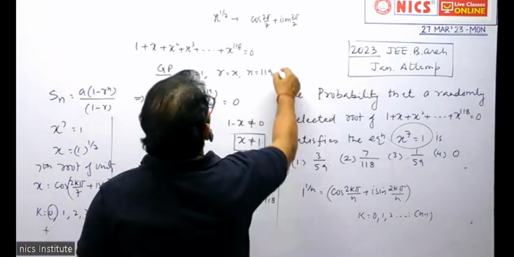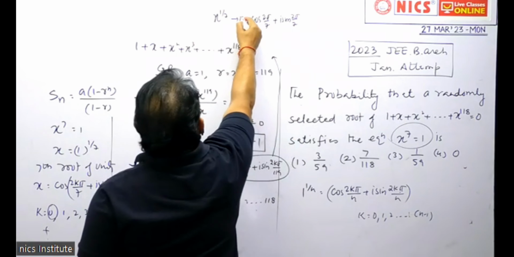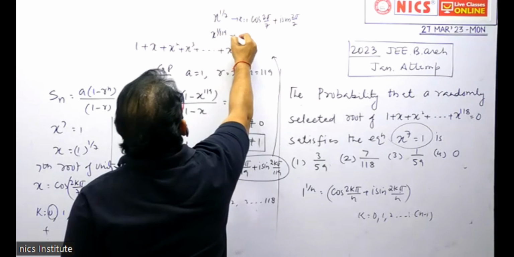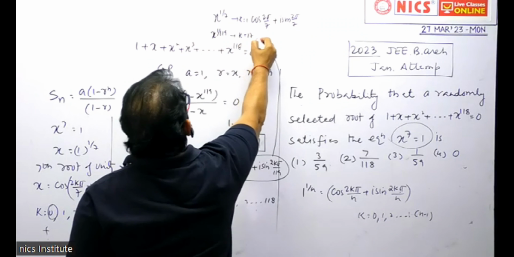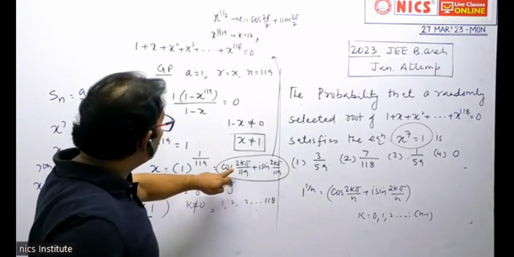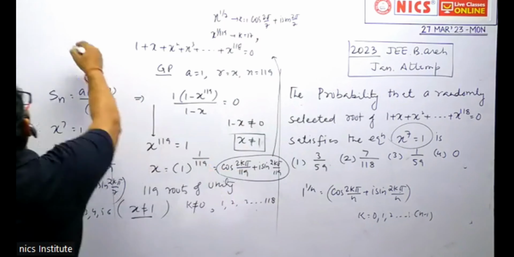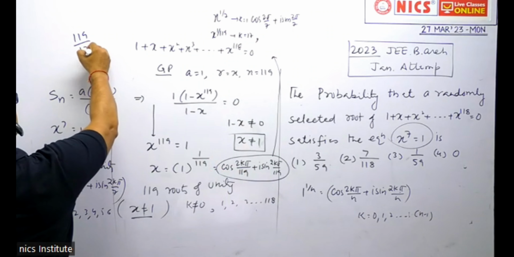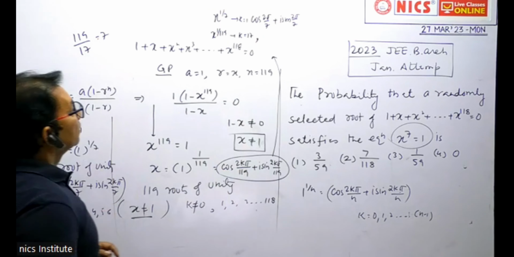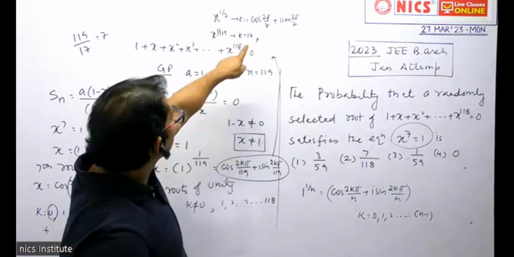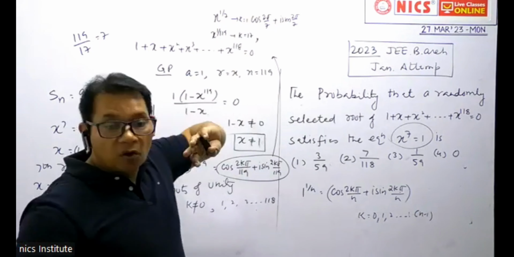When I take k equal to 1 here, in this root, k would be 17, because when I substitute k equal to 17, 119 divided by 17 is 7. So I'll get the same root; 2 into 17 pi by 119 will be the same. So this root would be found.